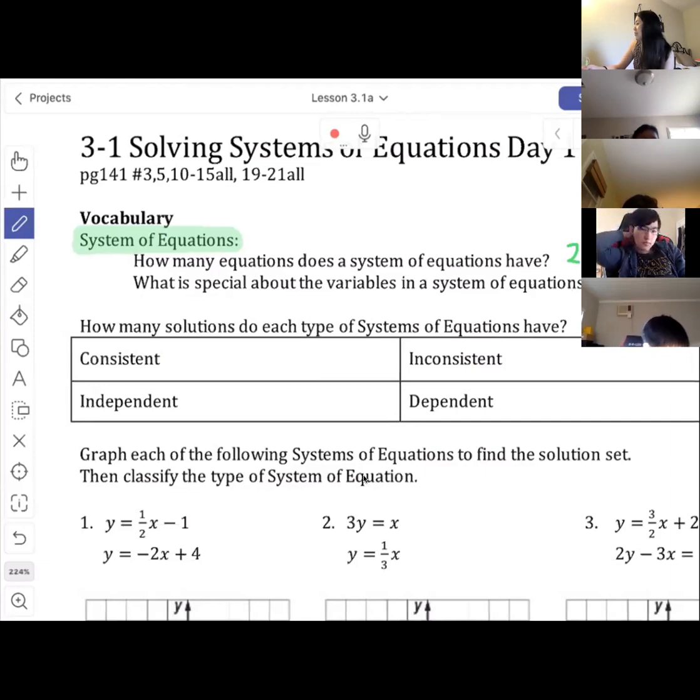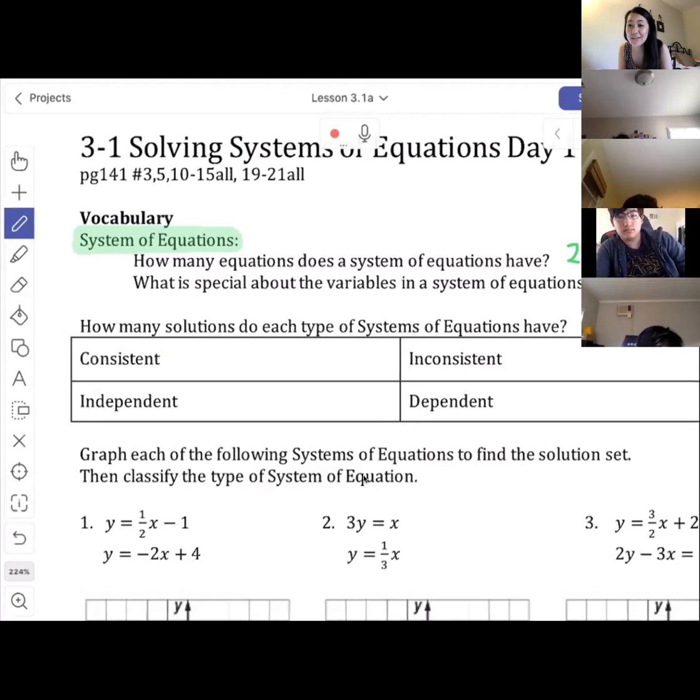And what is special about the variable? It's just that there's typically 2 or more variables, right? So 2 or more variables in a system.